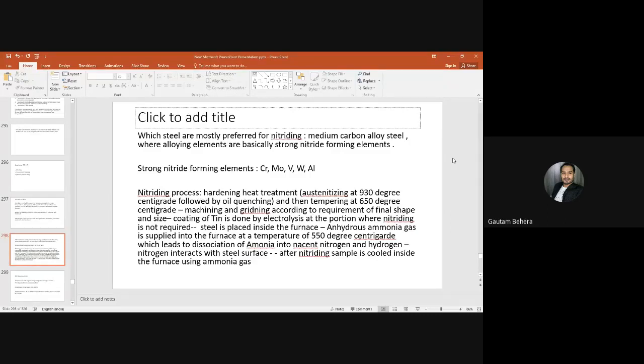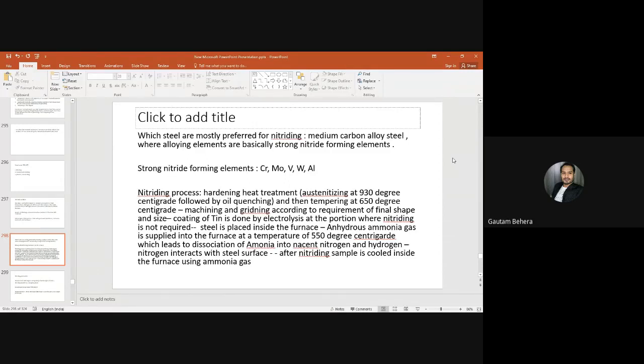basically a steel which contains those alloying elements which form strong nitrides, because these nitrides will provide high wear resistance and high hardness of the surface. So we choose a medium carbon steel containing certain alloying elements which react with the nitrogen atmosphere to form strong nitrides.